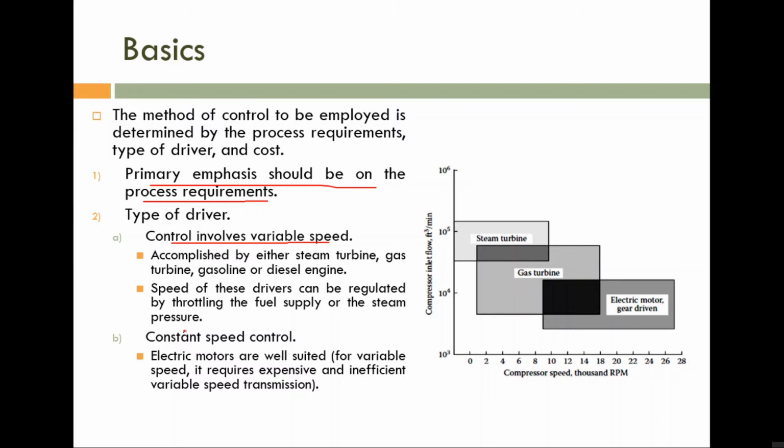So to reduce the speed of the compressor, we reduce the steam flow rate. Please note, variable speed is possible if you are using a steam turbine or gas turbine. If you are running the compressor with an electrical motor, then normally constant speed control is used. So here we are discussing this particular one.